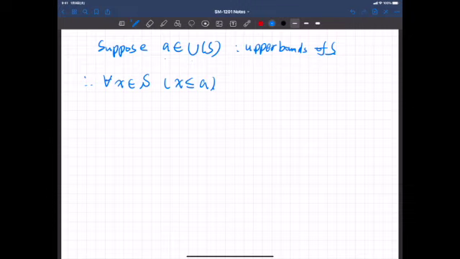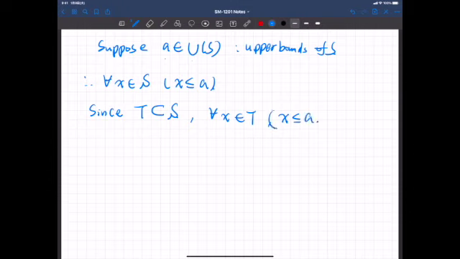Okay, but since T is a subset of S, this means for all elements of T, we also have x less than or equal to a. Right?